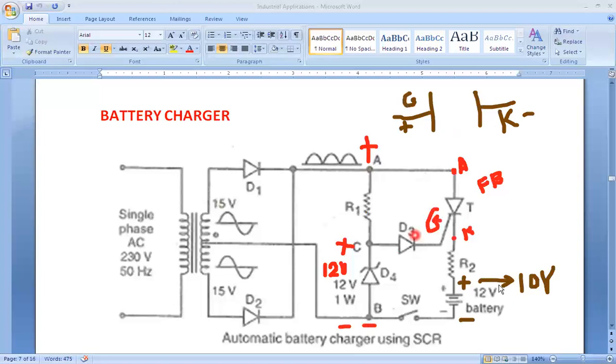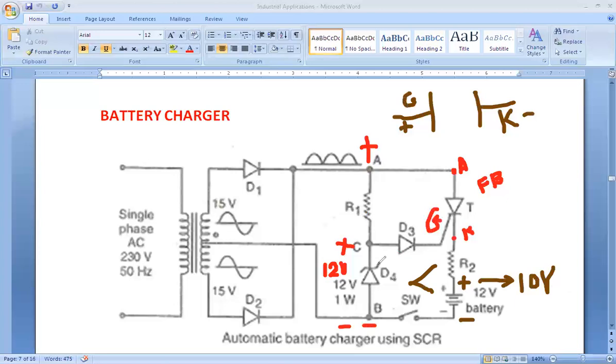As here the voltage level is 10 volt, and here the available Zener voltage is 12 volt, this 10 volt is less than 12 volt. So what is the tendency of the current? The tendency of the current is to flow from higher potential to lower potential. So this terminal C has higher potential, and the battery voltage level is lower.